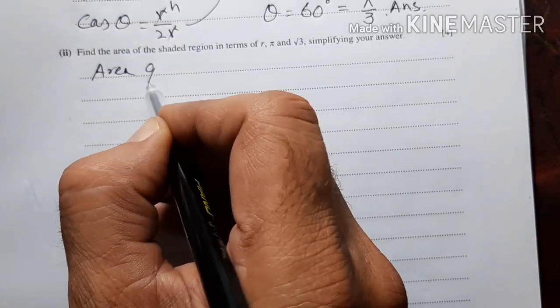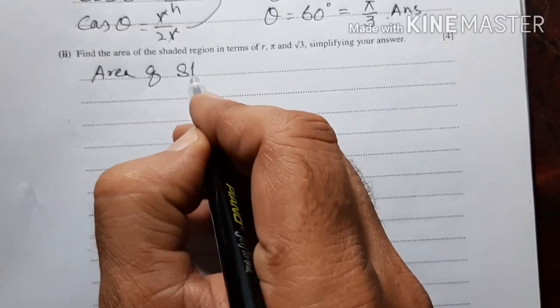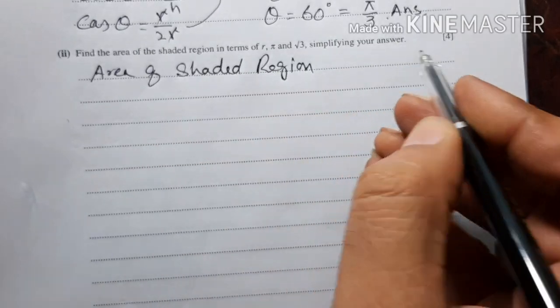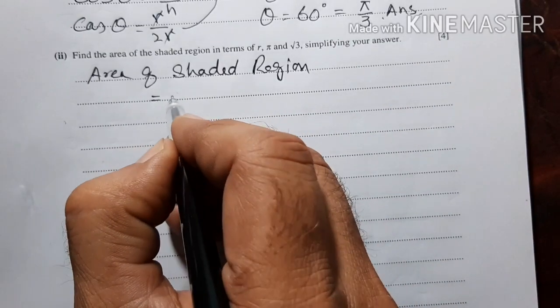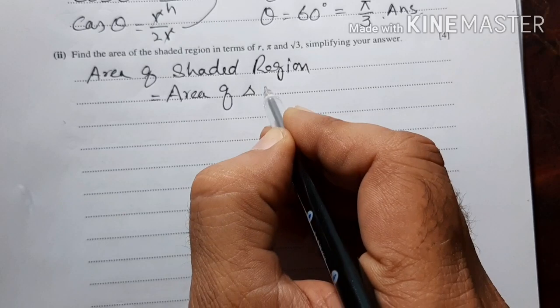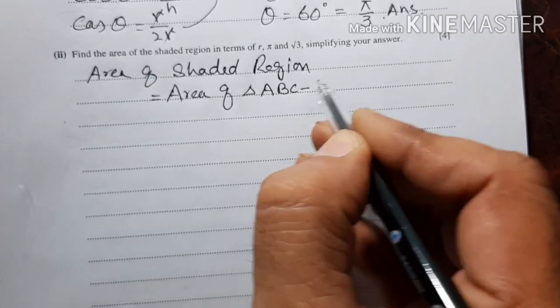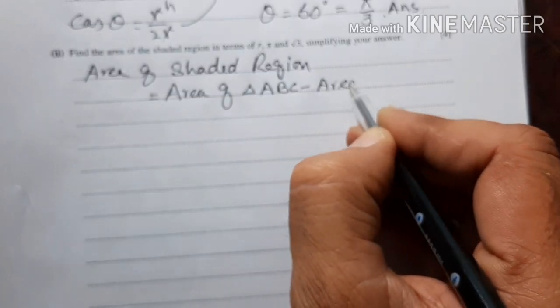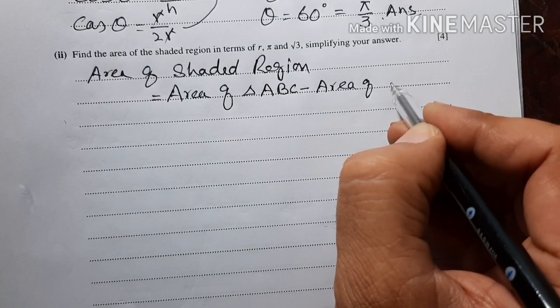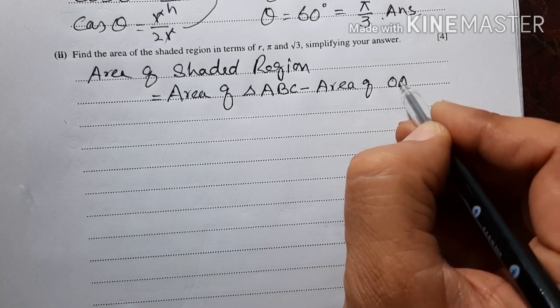Area of shaded region is actually equal to area of triangle ABC minus area of sector OAC.